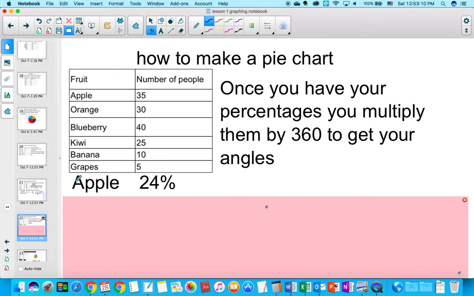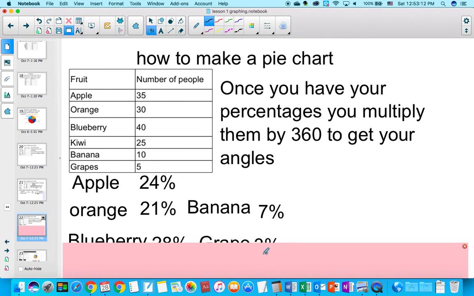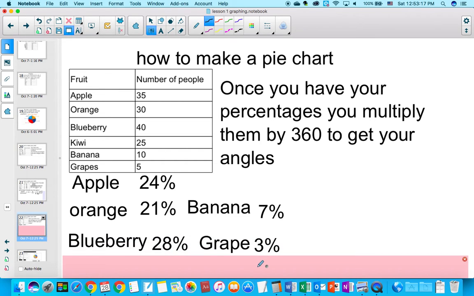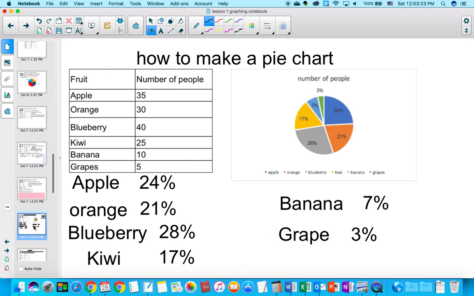So we have apples are 24%. Oranges are 21, bananas are 7, blueberries are 28, and grapes are 3. So once you have your percentages, you multiply them by 360 to get your angles. Right? So this is 360, and you get your angles by measuring them out using your pie chart.